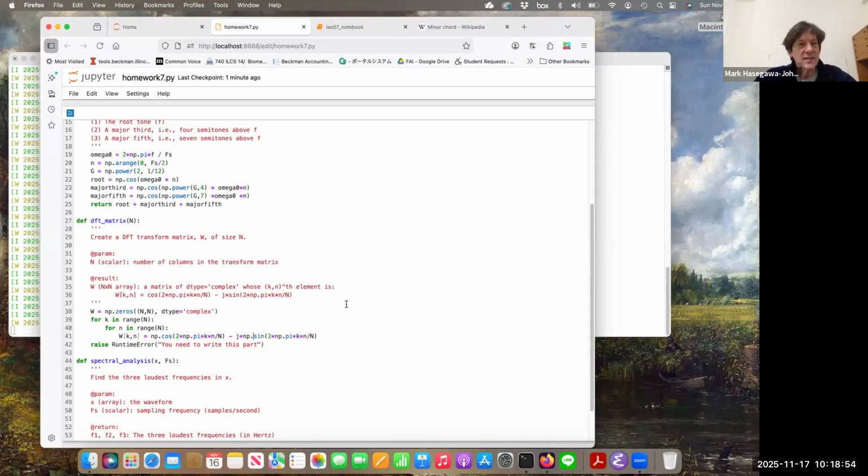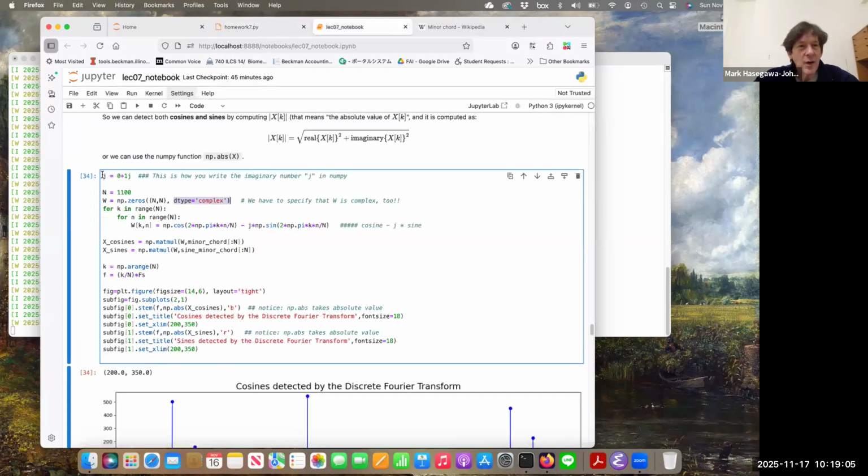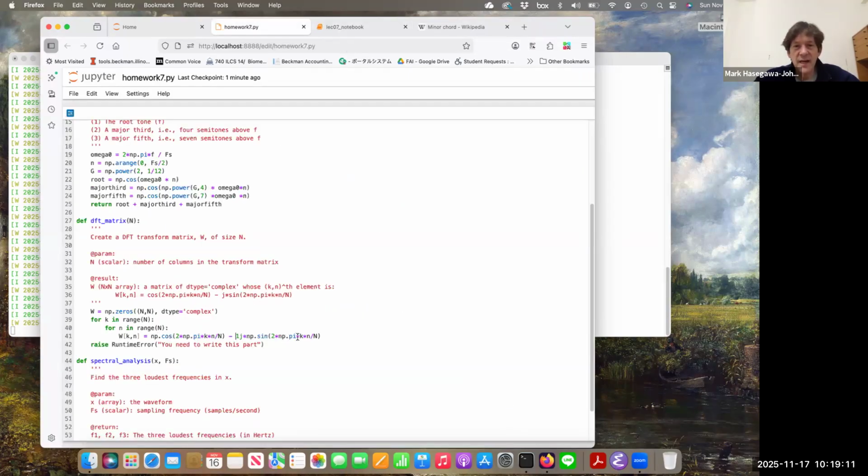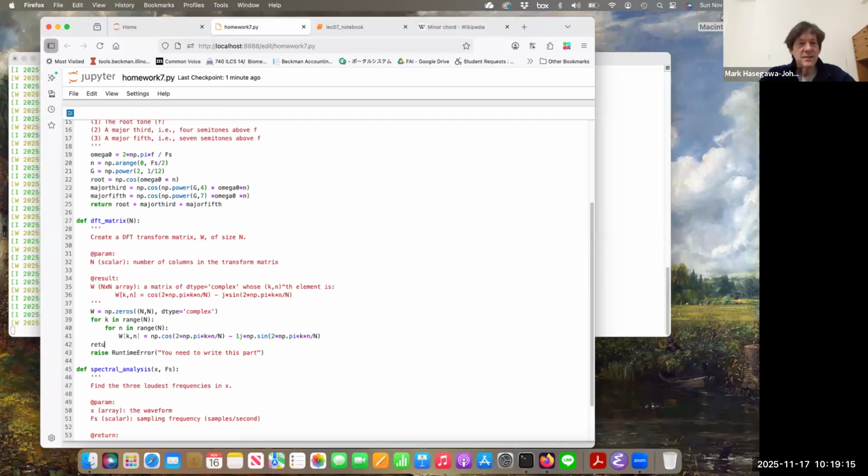And j is 1j, I think. How did I write that over here? Oh, I wrote j is equal to 0 plus 1j. So it's 1j times the sine of 2 pi little k little n over capital N. And then let's return W.